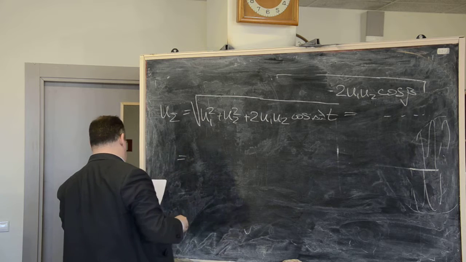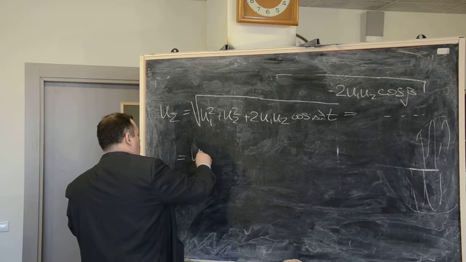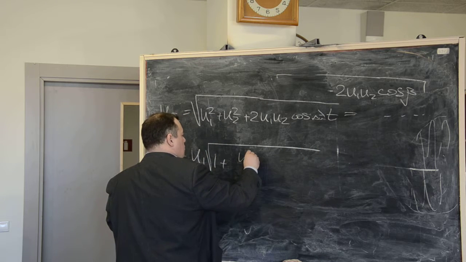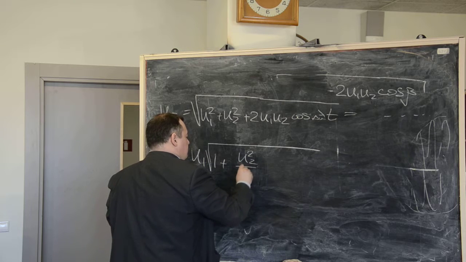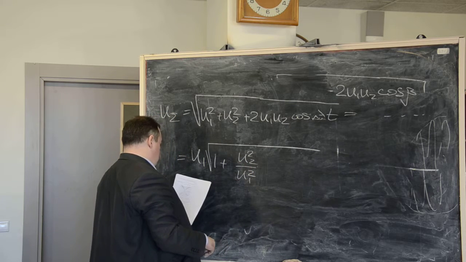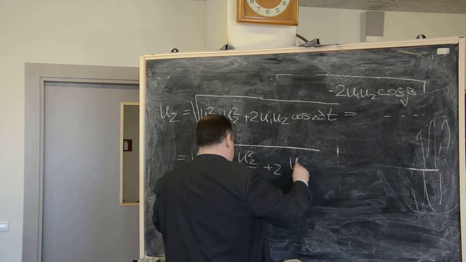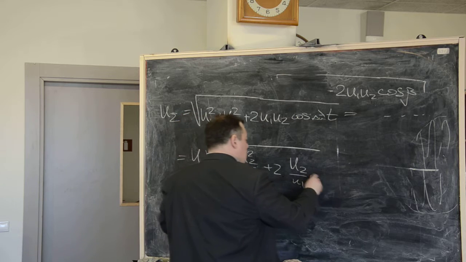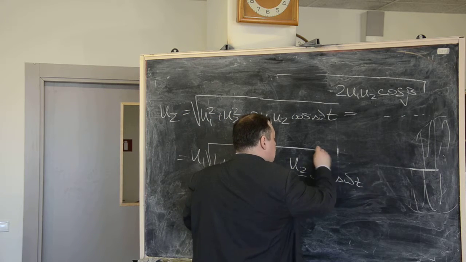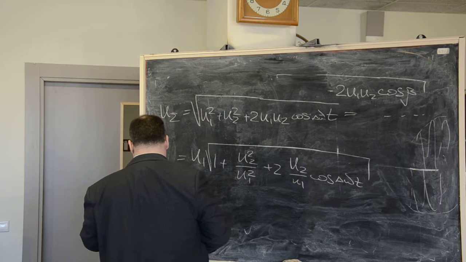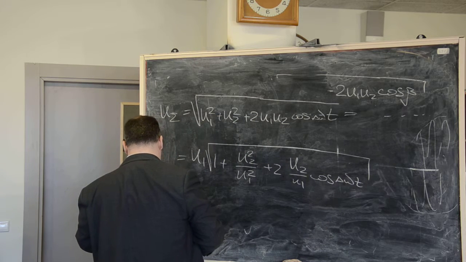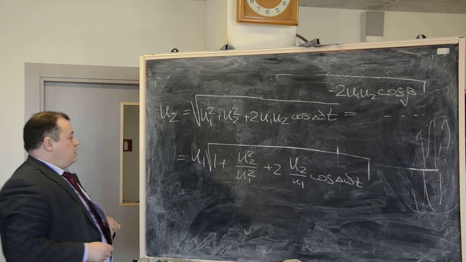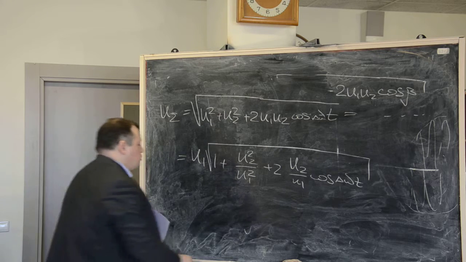We can write it as U1 times the square root of 1 plus the second voltage square relative to the first voltage square plus 2 times the ratio cosine delta omega T. It's an equation for the border line.